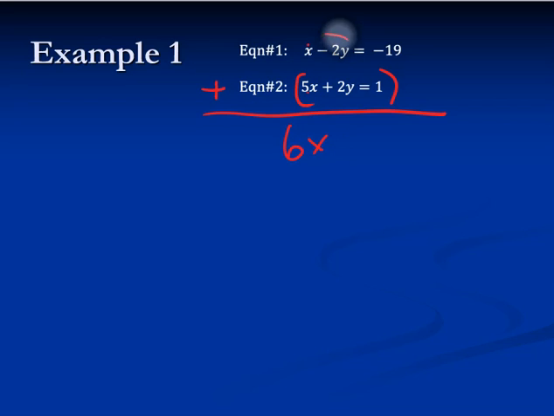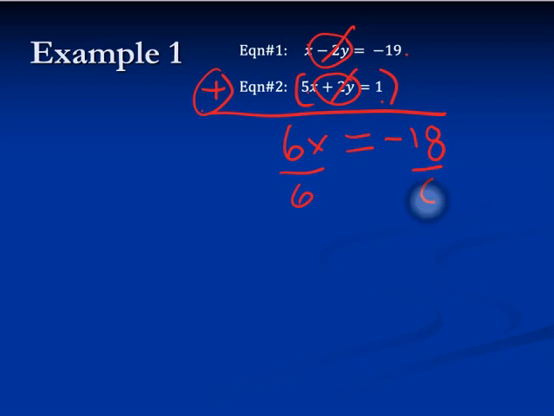And then we see negative 2y plus a positive 2y cancels. So that's why it's called elimination method. The y's will cancel. The equal signs come down, and then we have negative 19 plus a positive 1. That gives us negative 18. If we divide both sides by 6, we get x equals negative 3.